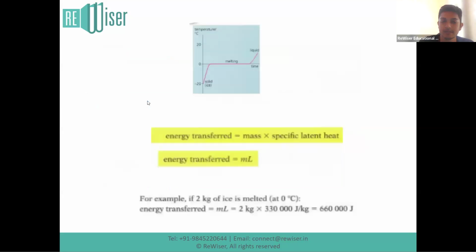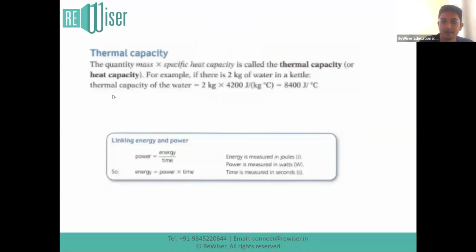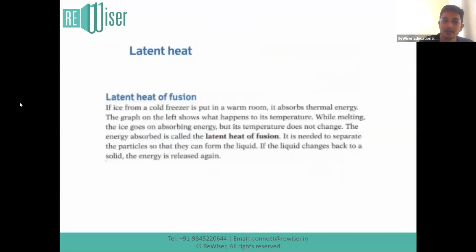The last concept is latent heat. Remember, latent heat is, again, if you go back to the previous diagrams I drew, the energy that is transferred during a change of state. There are different latent heat values. The energy required for a transition from solid to liquid is latent heat of melting, which is going to be the same as the reverse transition, which is latent heat of fusion.